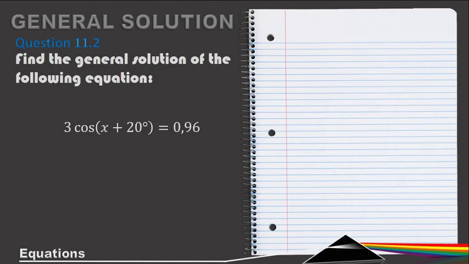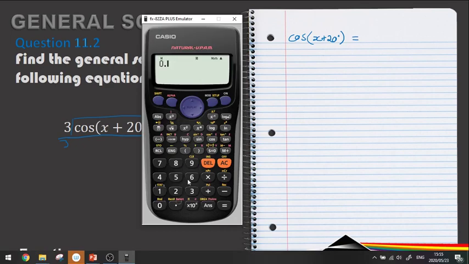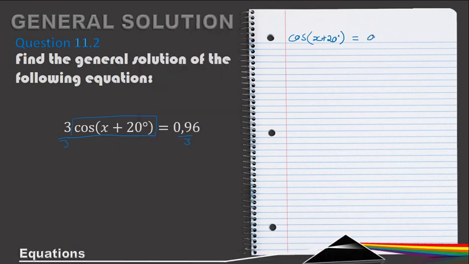So for question 11.2, the only thing I have to do before I can get started with QRS is to isolate my ratio, and in order to do that, I'm going to divide both sides by 3. So cos of x plus 20 degrees is equal to 0,96 divided by 3, and this gives us 0,32.